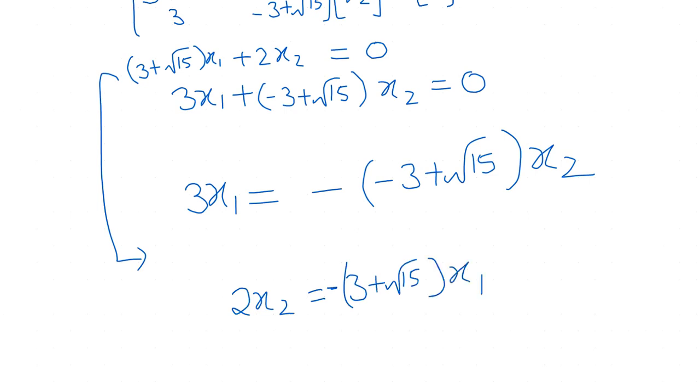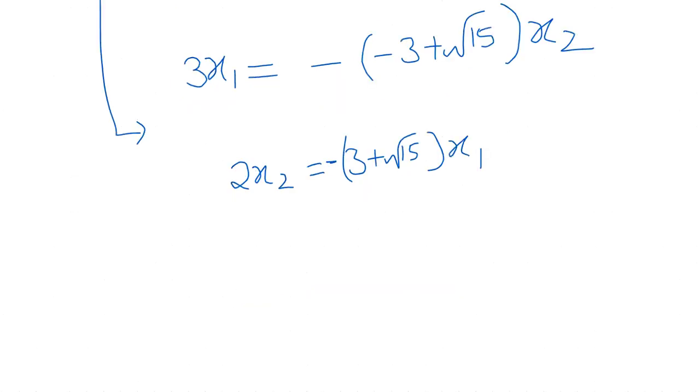Or we can put the value of x1 by taking the value from the first equation. X1 will be minus 2, because we have minus, so we can take it to the other side, and 3 plus square root of 15.